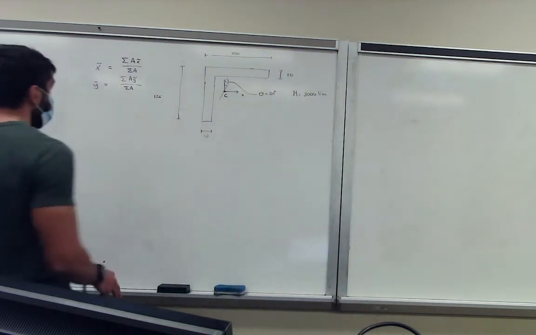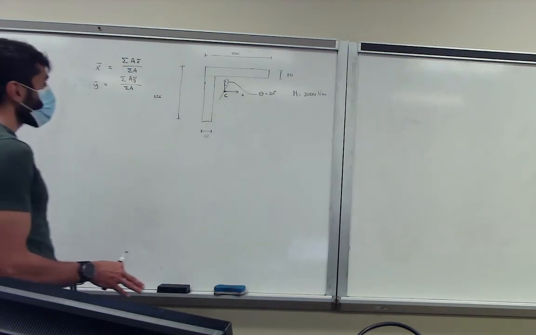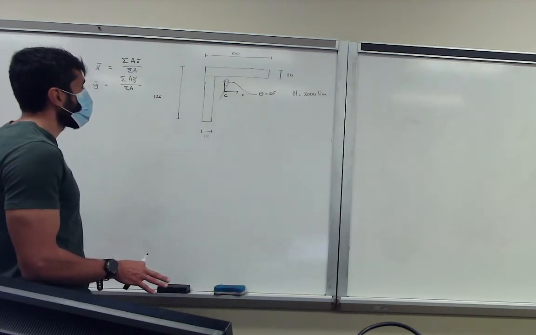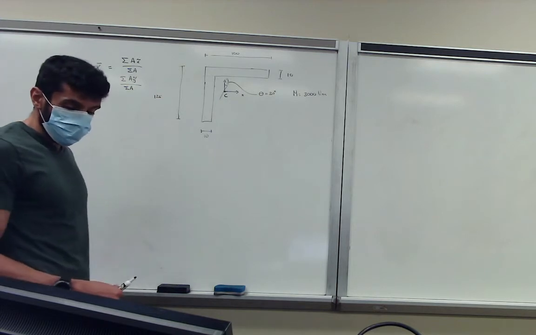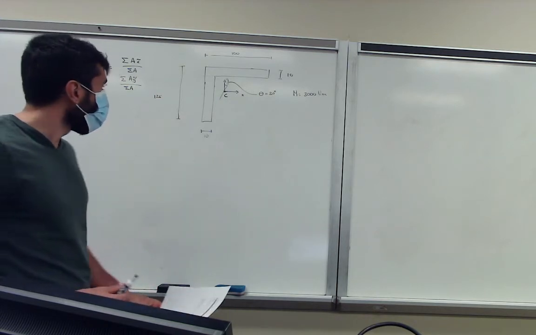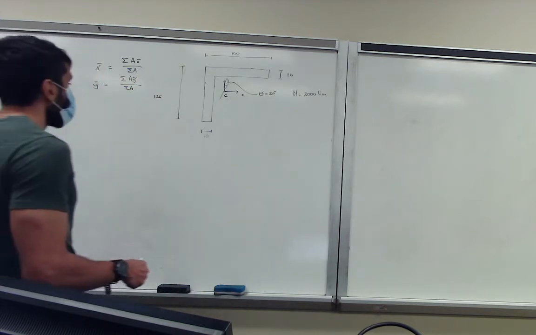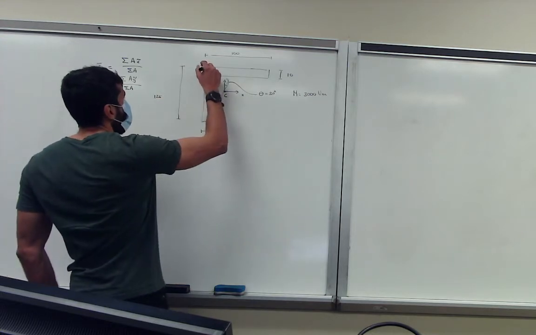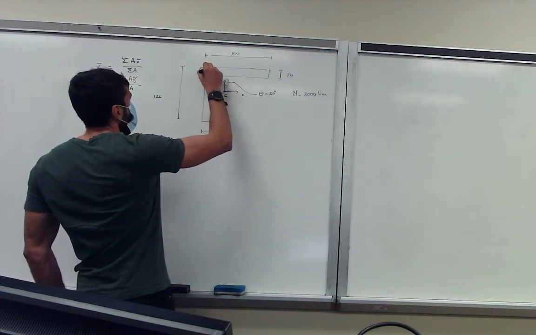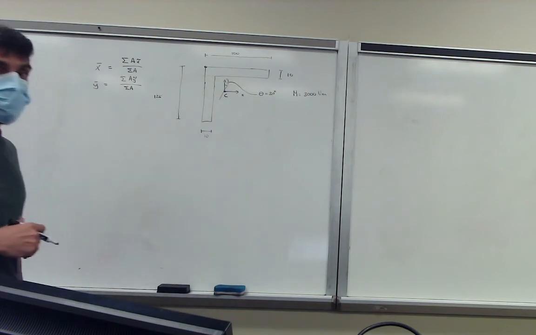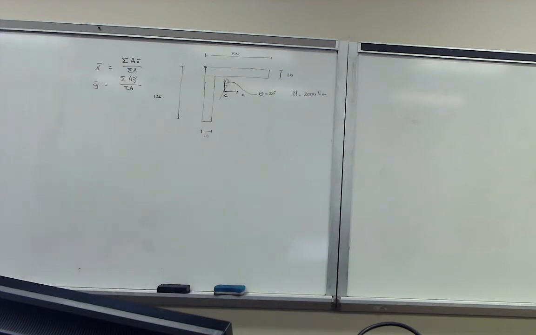So in the first case, this is basically a thick wall structure, so take that into account. I think in the solution manual they take this point as the reference point, but it doesn't really matter. It can be any point as long as it remains consistent with respect to finding the centroidal axis.